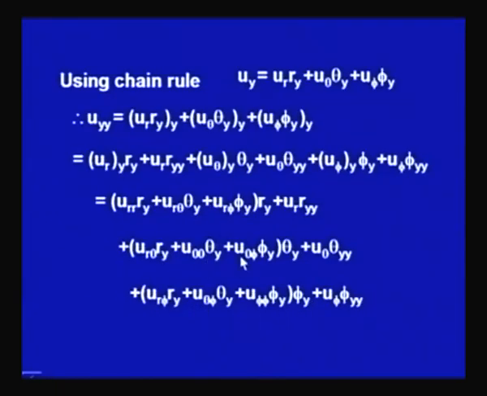Similarly, we can get for u phi theta from here and u phi theta from here, theta phi from here as phi y theta y, and the coefficient of u theta would be theta y times theta y, that is theta y whole square. Coefficient of u phi would be phi y whole square, and then we would be having that coefficient of u r as r y, coefficient of u theta as theta y, and coefficient of u phi as phi y.